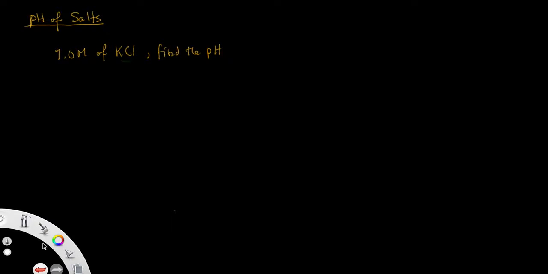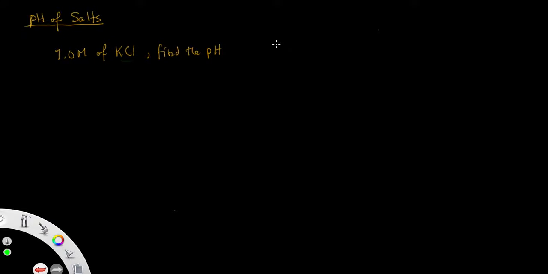So the first step that you have to do when it comes to finding the pH of salts is you have to dissociate the salt. Because we know that this salt, potassium chloride, will dissociate because it's a group 1 metal and it also has a halogen in there, we have to write out that equation so we can better understand what our new reactions will be further on in the problem.